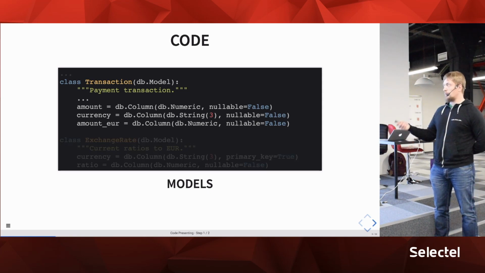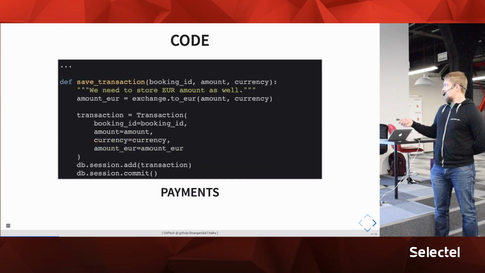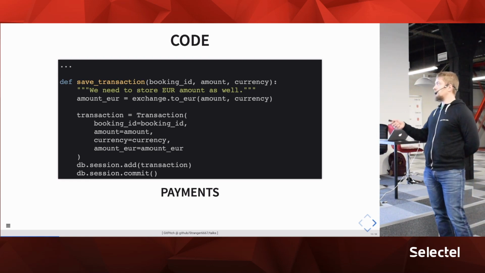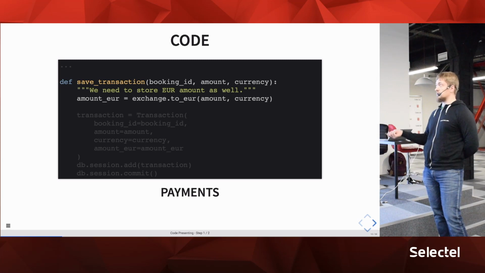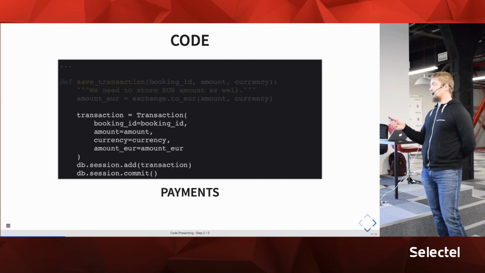We store amount in currency and amount in euros, and we have exchange rates to euros. And we have our payments module that, before saving a transaction, converts its amount to euros and uses this exchange module.